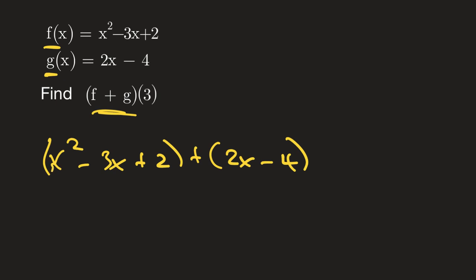Now, with addition, remember, addition does not change anything. It's not like subtraction. It's not like a minus sign that will tend to change some signs. So addition isn't going to change any signs up here. I'm just going to drop the parentheses. Everything really just stays the same sign-wise.